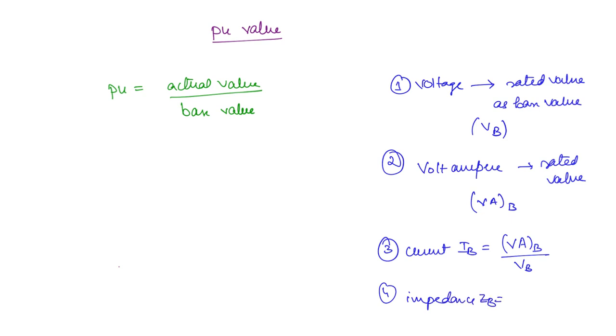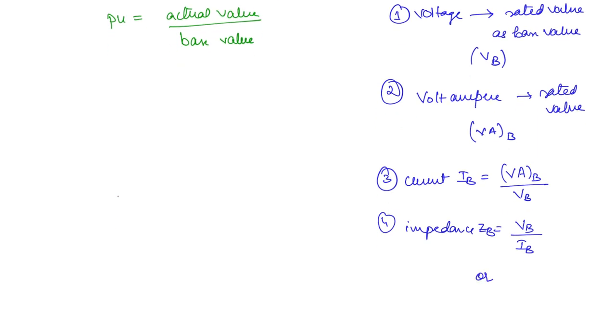This is going to be the base value of voltage divided by base value of current. Or if you want to express in terms of volt ampere itself, then VB square divided by VA base. So this is how you set the base values, and then per unit value you can find by this ratio, actual value by base value.